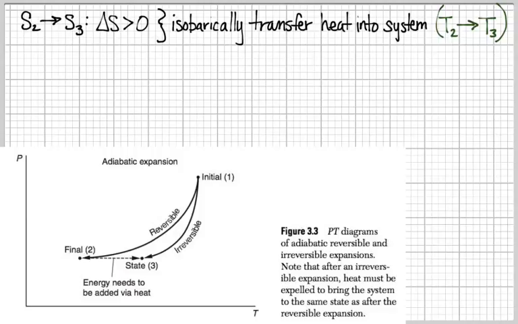That is an isobaric transfer of heat into the system, going from temperature 2, which is lower, to temperature 3, which is higher. So how do I look at that? Well, I would say delta s in this particular case is going to be my final state minus my initial state, so that's state 3 minus state 2, lowercase s because I'm talking about intensive variables, both pressure and temperature.